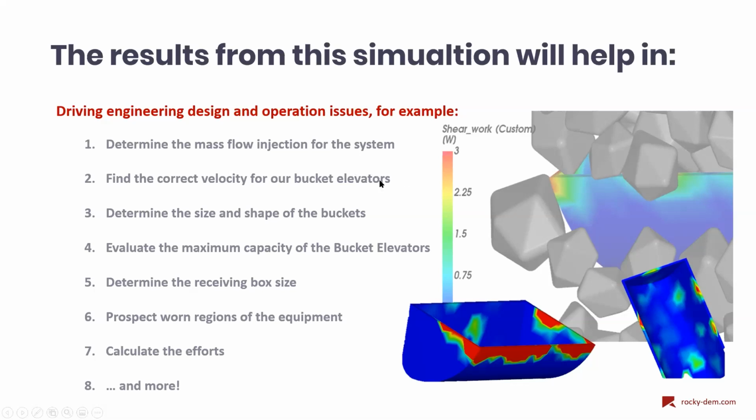It will determine the best size and shape for the buckets too. And also we can calculate the maximum capacity of the system and the particle trajectories. And these, therefore, will help to determine the size of our receiving box. We can also anticipate worn regions of the equipment and calculate the efforts on the elevators and much more.